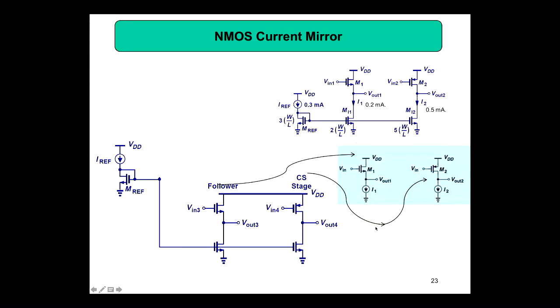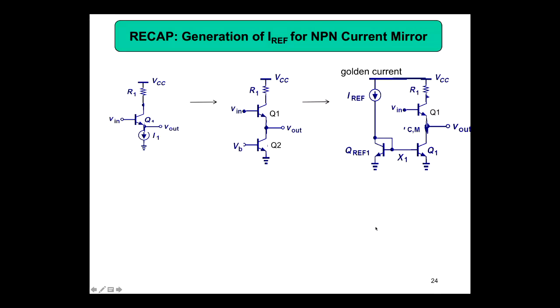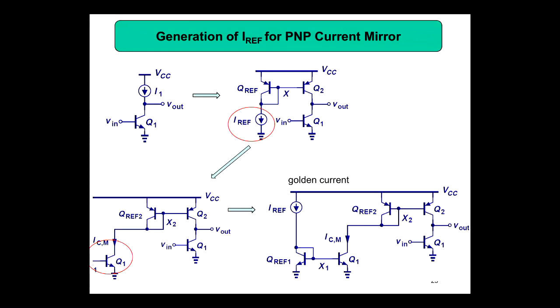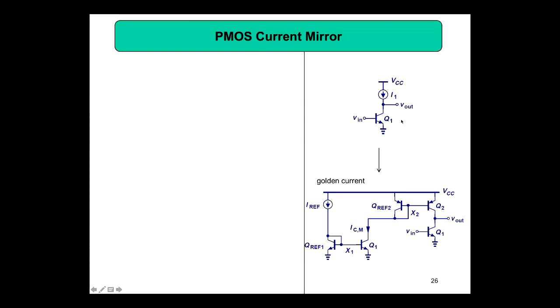But in the previous case, what is happening is now the other way around, because now we are talking about this current source. When you have this type of current source, that is from VCC to the point, you need a PNP. So when you have a PNP current mirror requirement, that is difficult because you need another NPN current mirror to bias the PNP.